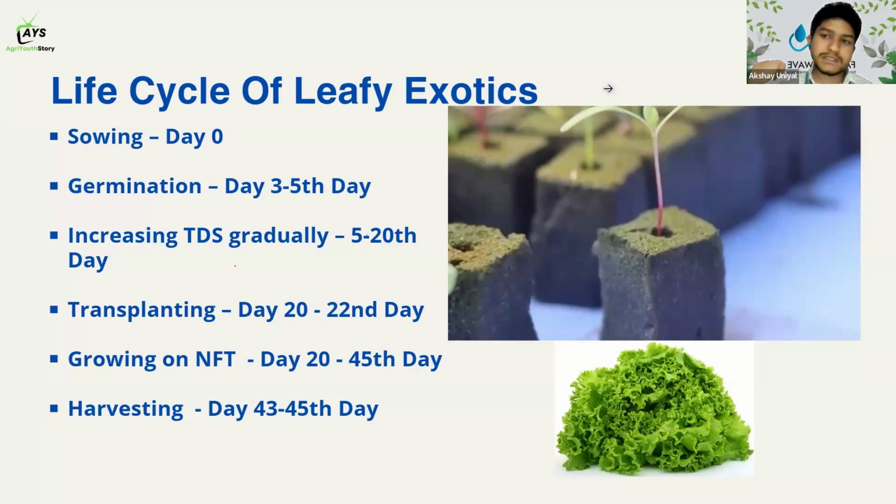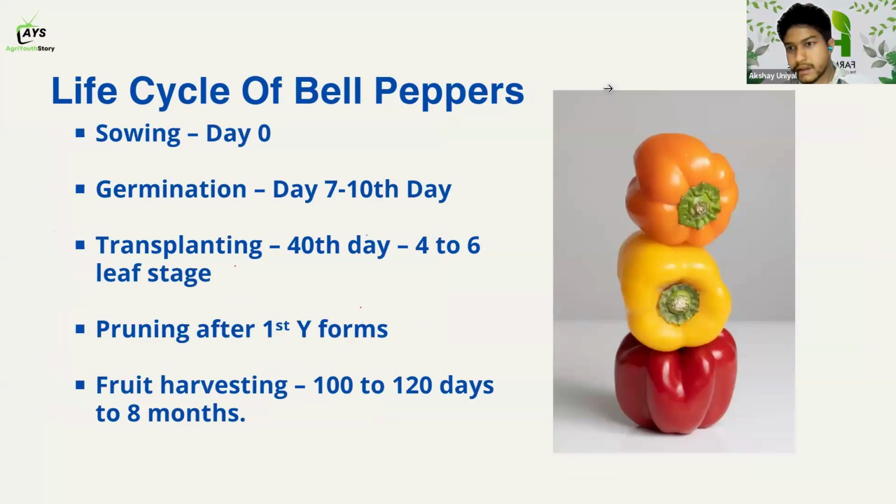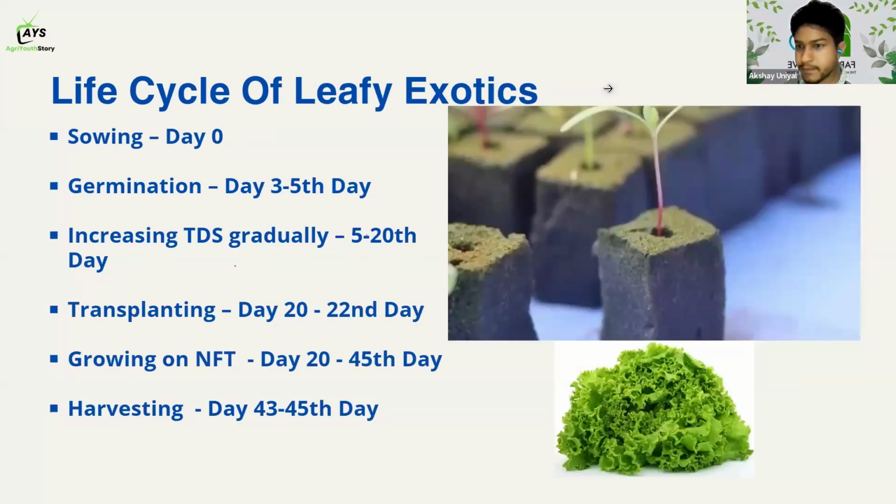It's very easy to measure with a simple handheld instrument, and within 5 to 10 seconds we can check the ppm or TDS of any type of water. If someone has an RO or UV filter at home, and a lot of people might have, I think you might have seen that whenever the person comes to service your RO, he brings a pen-like instrument and checks the TDS of the water, and finds out that it has to remain within the drinkable limit, which is around 200 to 250.